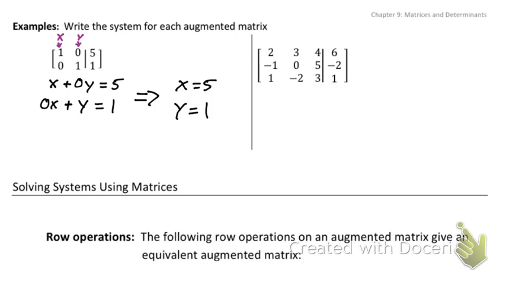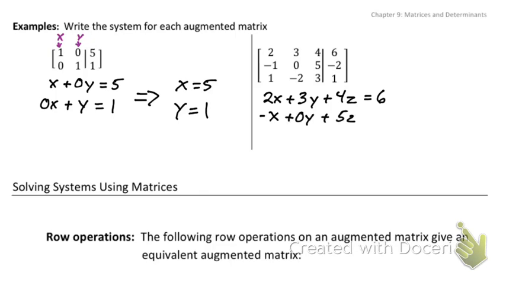All right, our next one. We have an augmented matrix. You're supposed to write it as a system of equations. So we're going to look at that first one. We have 2, 3, 4, and 6. So we'll have 2x plus 3y plus 4z equals 6. Next row, we have negative 1x, or just negative x. We have 0 y's, which can be handled by either leaving it blank, or you can write a 0y.